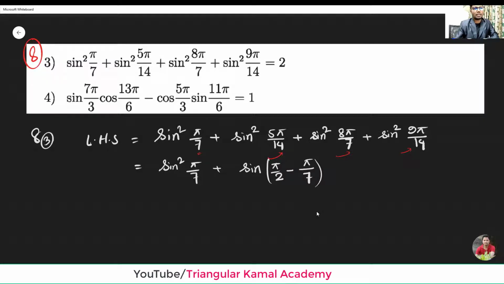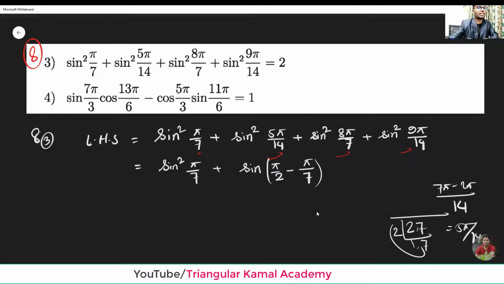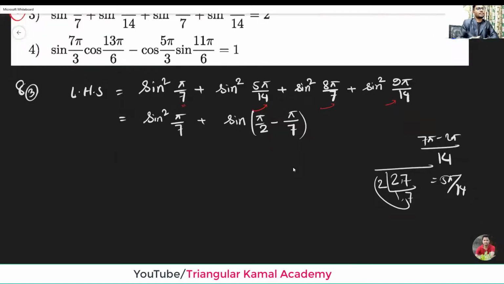If we take the LCM of 2 and 7, it will be 14. So if we take 14 as the LCM, then 7 pi minus 2 pi. After doing the calculation, we will get 5 pi by 14. That means 5 pi by 14 we can write in this form.